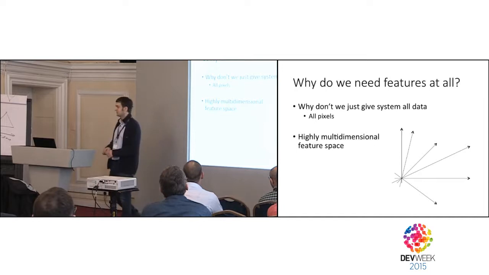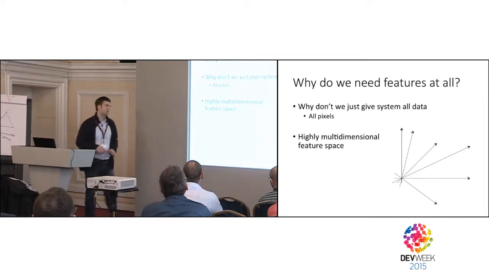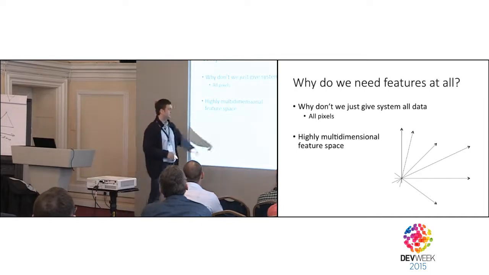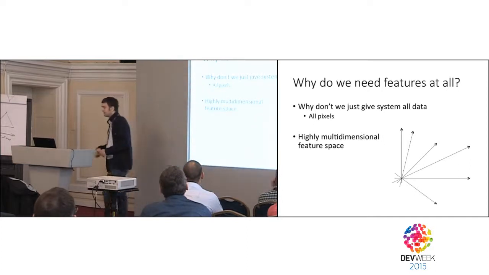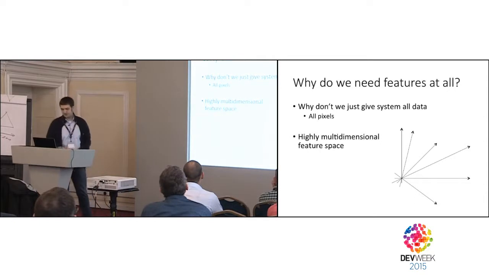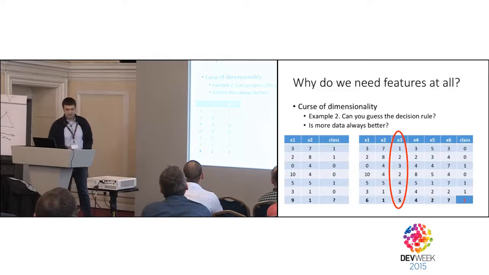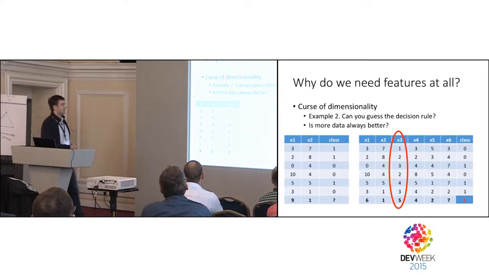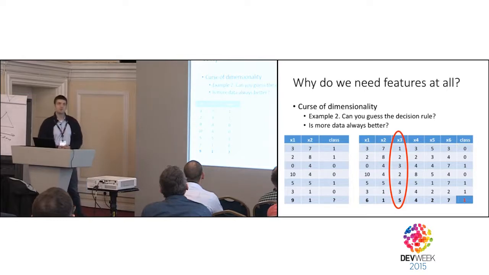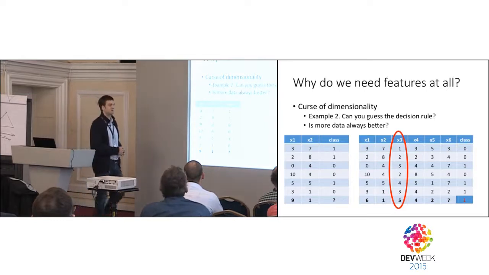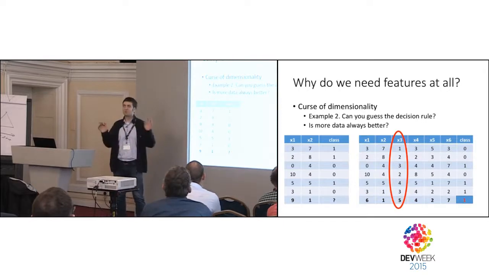We can represent each record as a point in a multidimensional space where each coordinate represents some characteristic of the object. And the problem here is called the curse of dimensionality, which tells us that in spite of the fact that we want to make a better life for our classifier and give it more information.